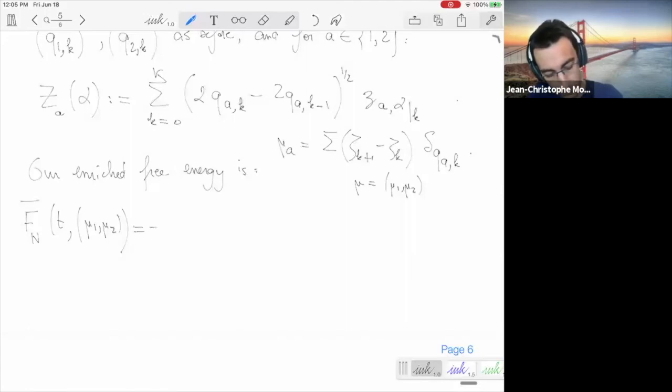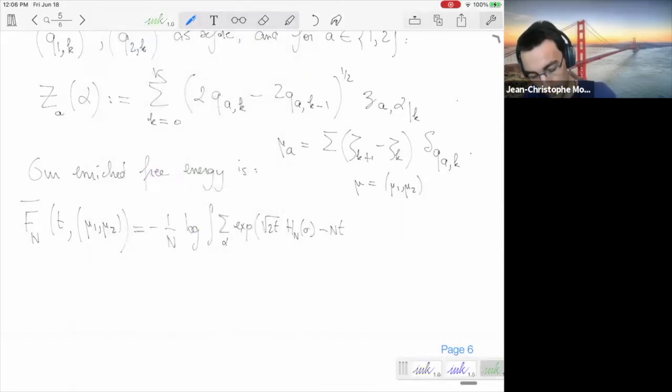Okay, and now if I write mu, I mean the pair mu1, mu2. So what is our free energy? It's minus 1 over n log of, as usual, an integral sum, now over the leaves of the tree, of the exponential of square root of 2t Hn of sigma. Now I use the same notation, but I mean that this is now the bipartite Hamiltonian.